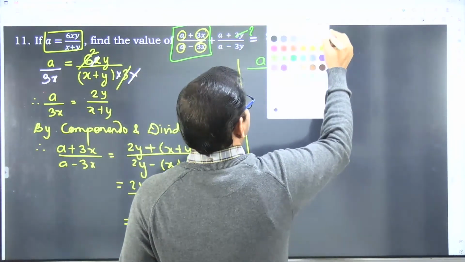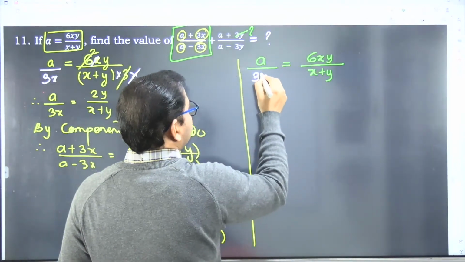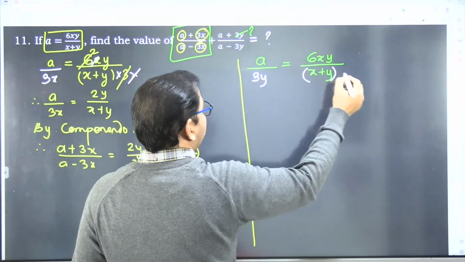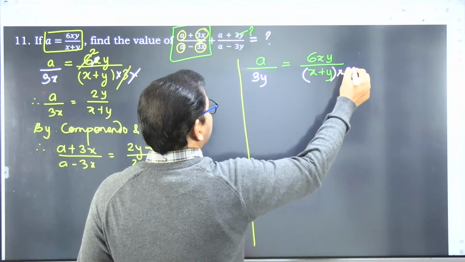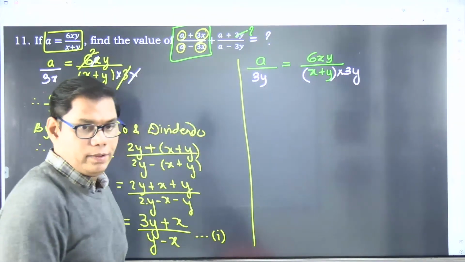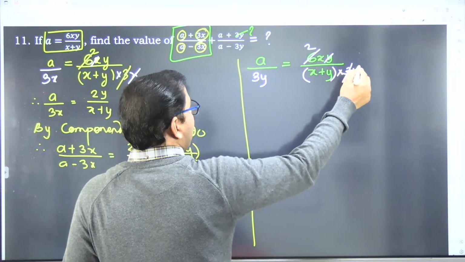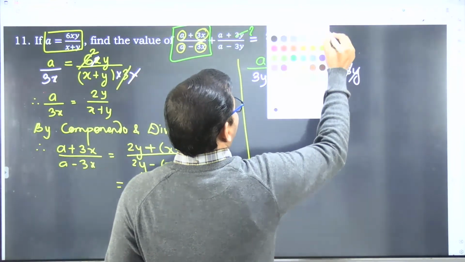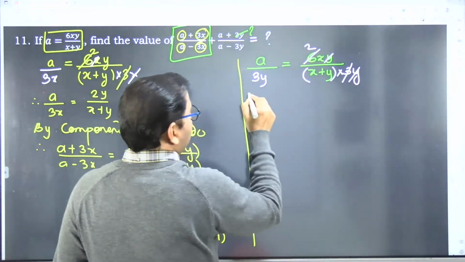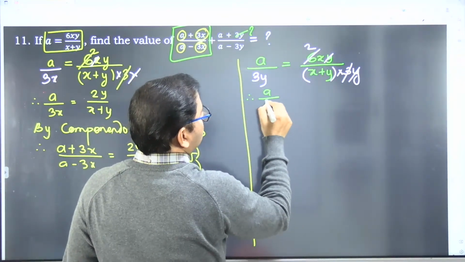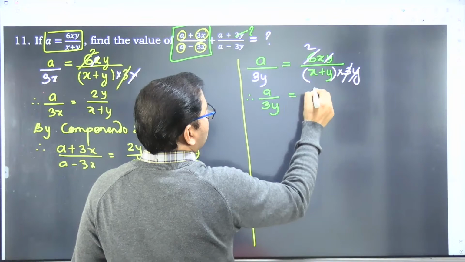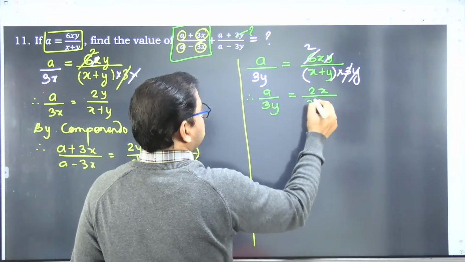So this time I am dividing. Yeah, I am multiplying denominators of both the sides by 3y. So again same operation, 3 into 2 is 6 and y got cancelled. So I am left with a upon 3y is equal to 2x upon x plus y.